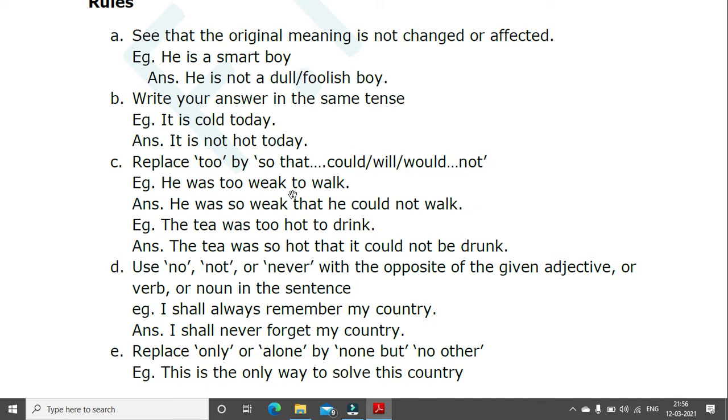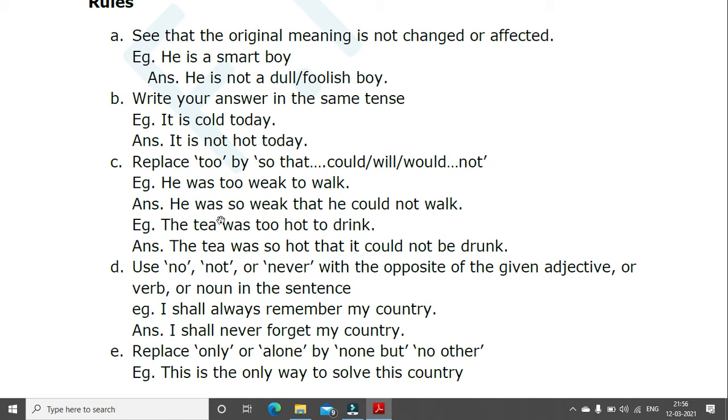Replace to by so that, could, will, would, or not. Now this depends on the number and the tense. Will is present tense. Could and would will be past tense. He was too weak to walk.